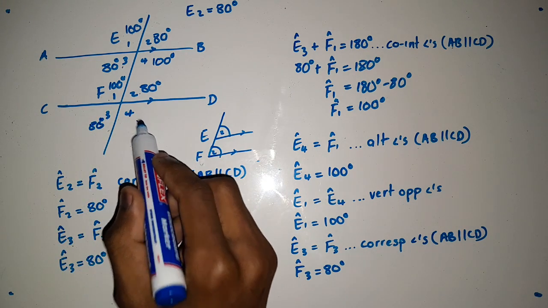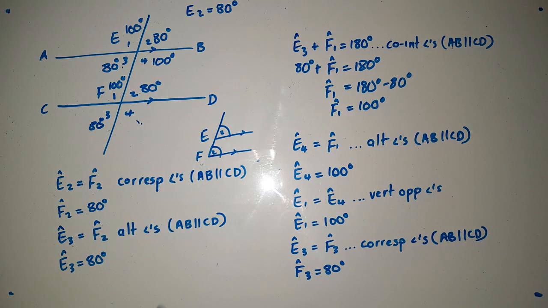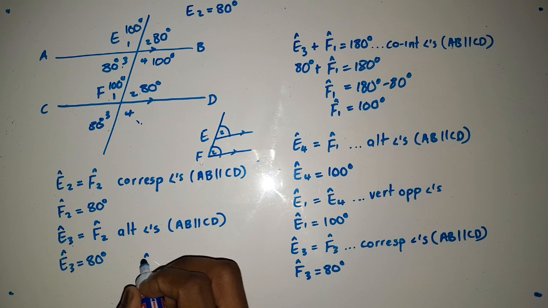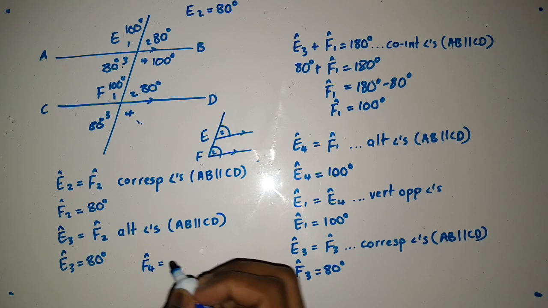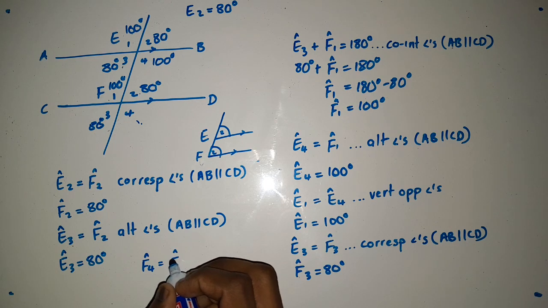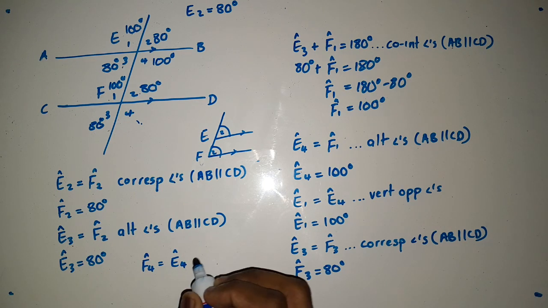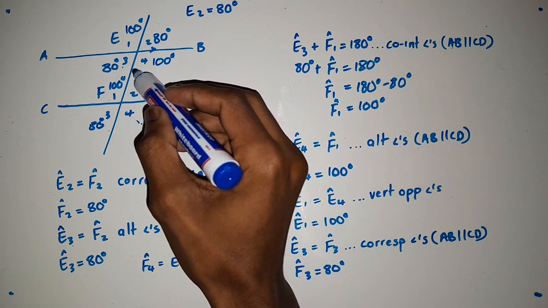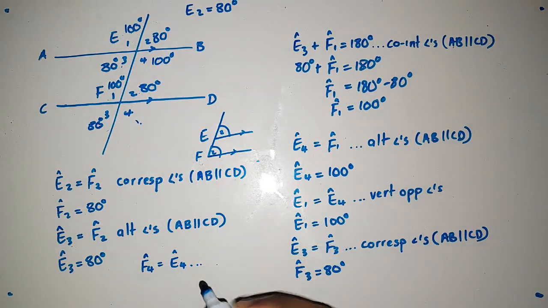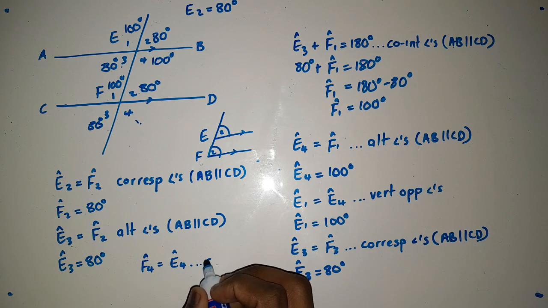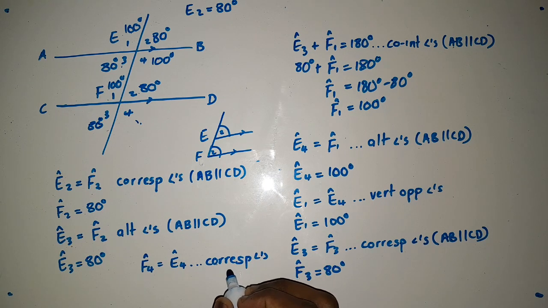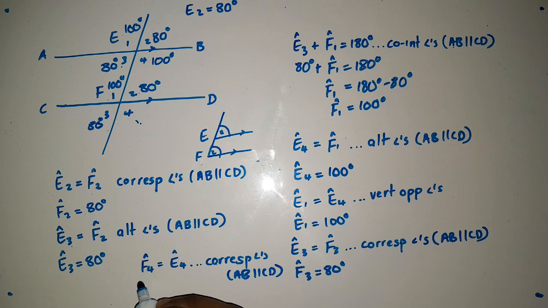Lastly, to get this one, F4, you can also say F4 is going to be equal to angle E4, because we get corresponding angles, you see, E4 together with F4, corresponding angles where AB is parallel to CD like this.